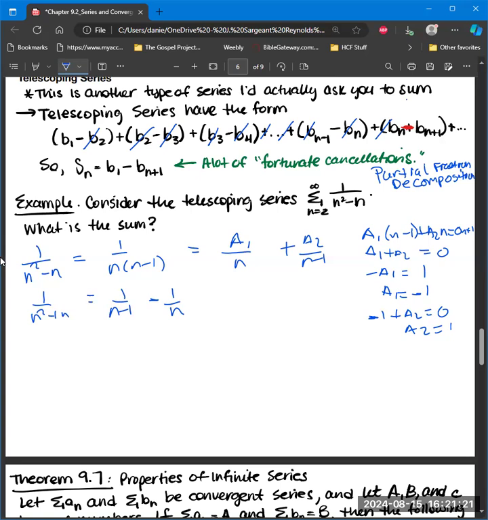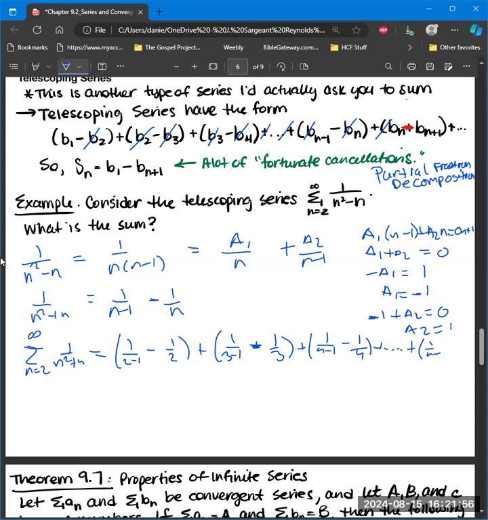So that means that for n equals 2 and above, my series, n equals 2 to infinity of 1 over n squared plus n, is equal to 1 over 2 minus 1, minus 1 over 2 plus 1, over 3 minus 1, minus 1 over 3 plus 1 over 4 minus 1, minus 1 over 4 plus dot dot dot plus 1 over n minus 1, minus 1 over n.